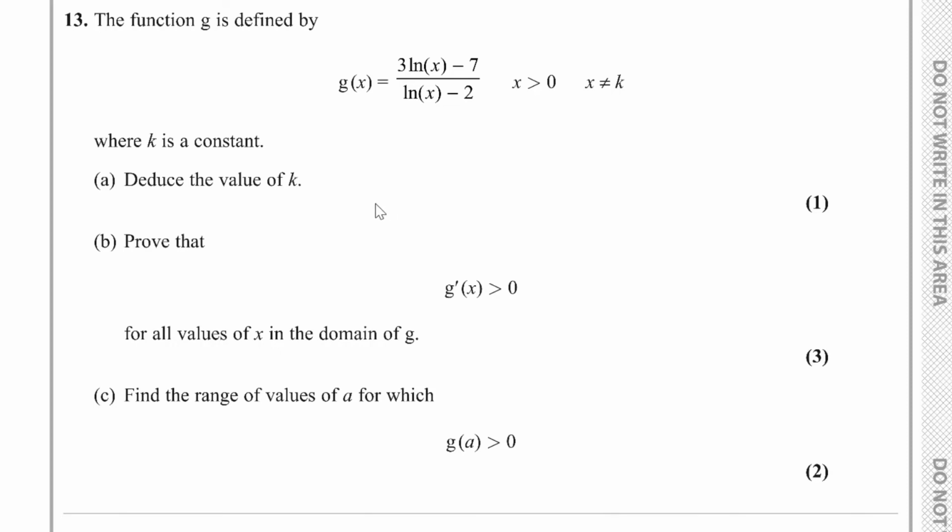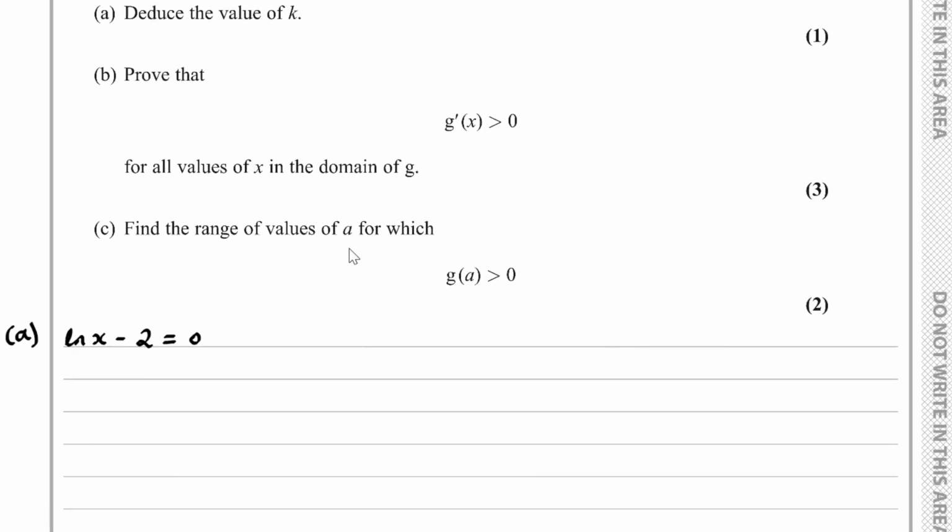Well, for us to do this question, we need to think to ourselves what value of x makes the bottom equal to 0, and therefore we don't want that value of x, otherwise we'd be dividing by 0. So to do that, we can simply set the bottom equal to 0. So here we've got the natural log of x minus 2 equals 0.